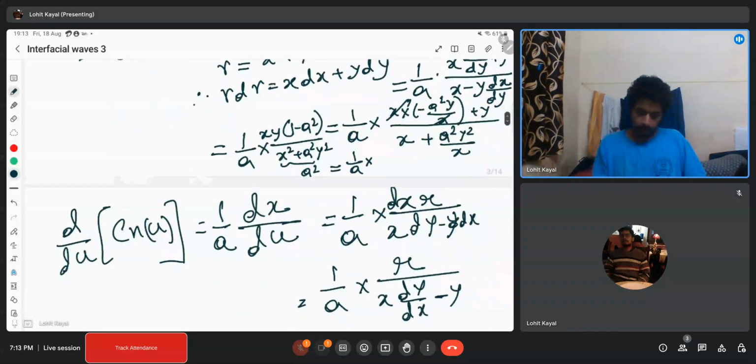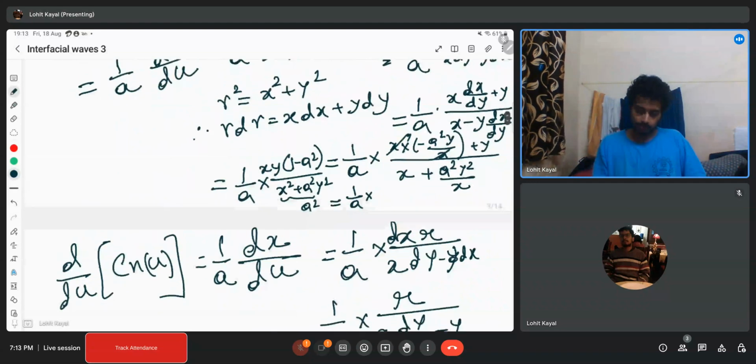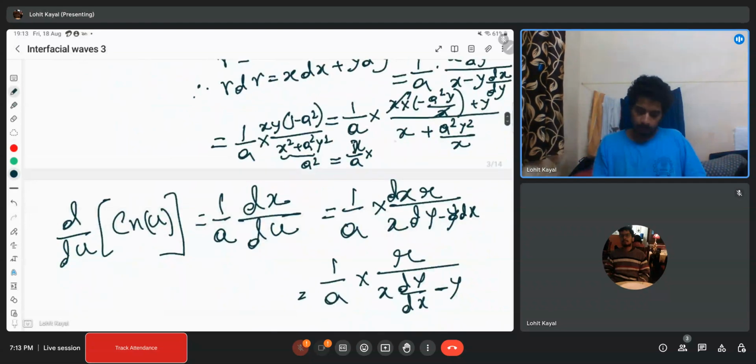If you put it inside here, it will be 1 minus 1 over a squared. So finally it will be x by a into y into 1 minus 1 by a squared.